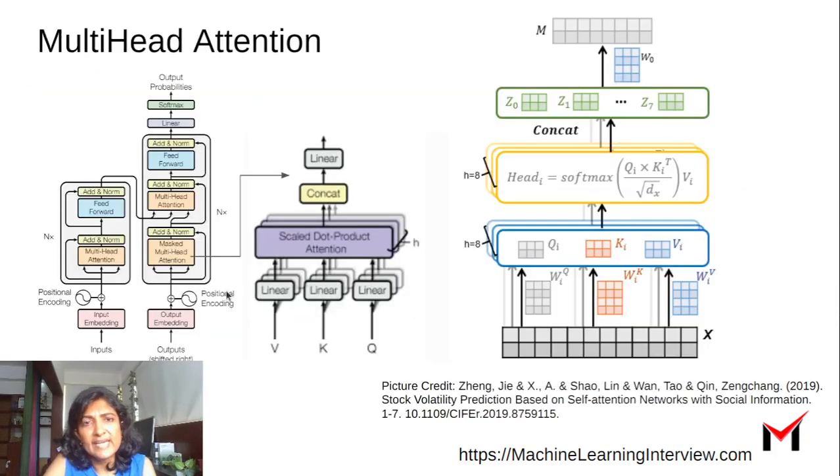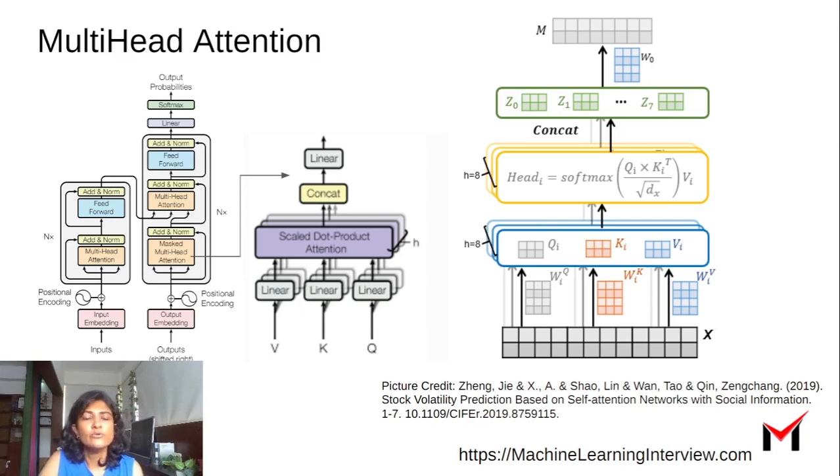The multi-head attention layer itself has multiple heads. In this case, you can see there are 8 heads, and each head is doing something called scaled dot product attention. The scaled dot product attention is what enforces the self-attention mechanism, which enables every token to see the relevance of all the other tokens in the input, right?